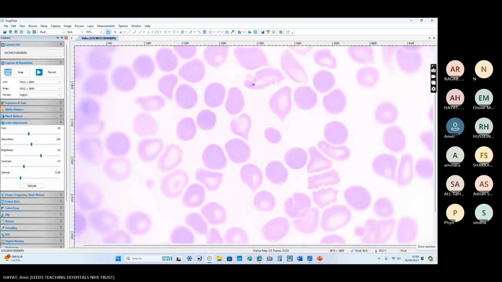The blood film is most likely consistent with a red cell hemoglobinopathy or iron deficiency anemia. We mentioned teardrop cells as well. To find out the exact diagnosis, we need iron studies for the patient and HPLC. If HPLC is positive, then you will go for electrophoresis and a genetic test.